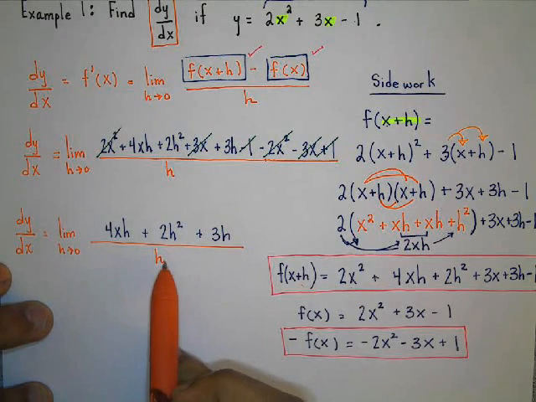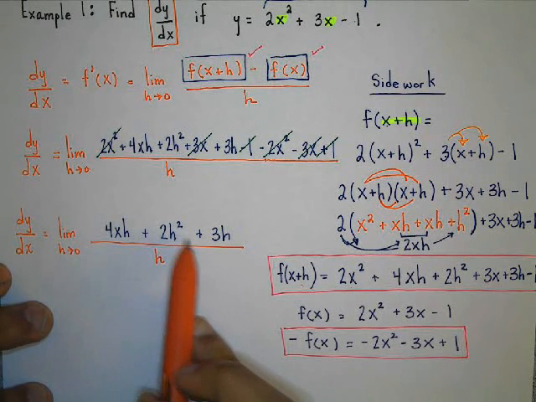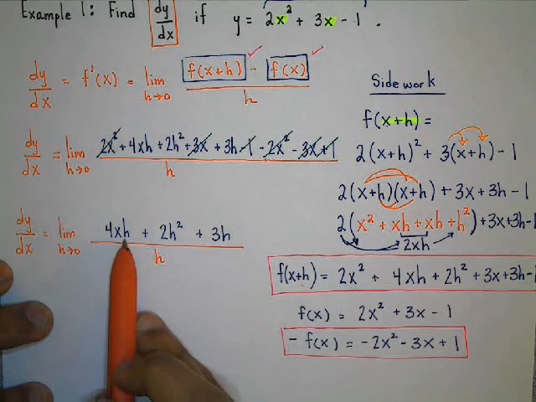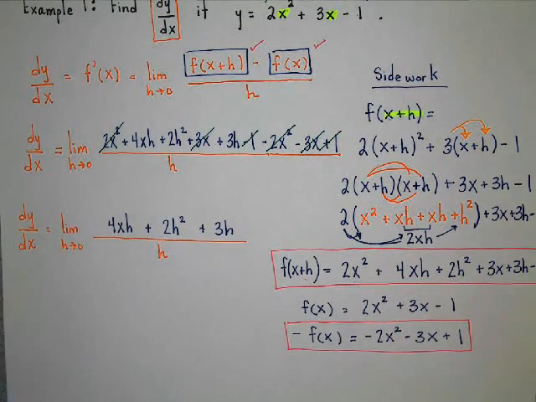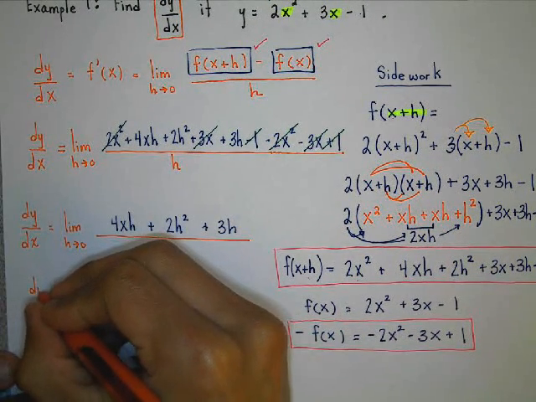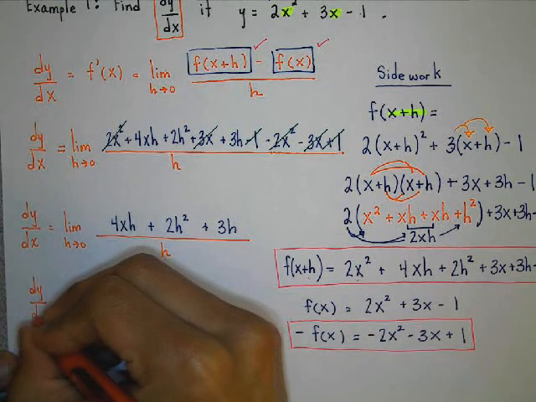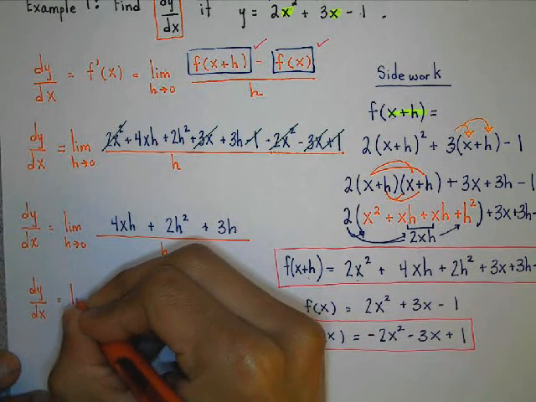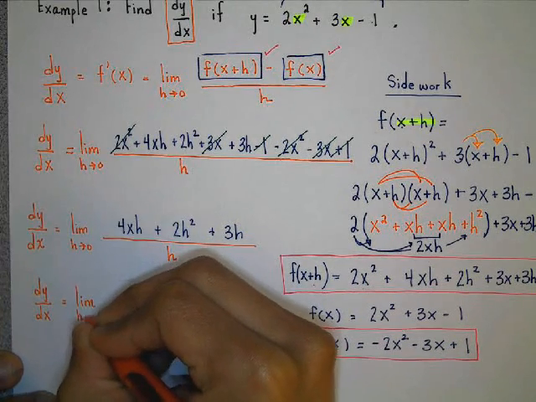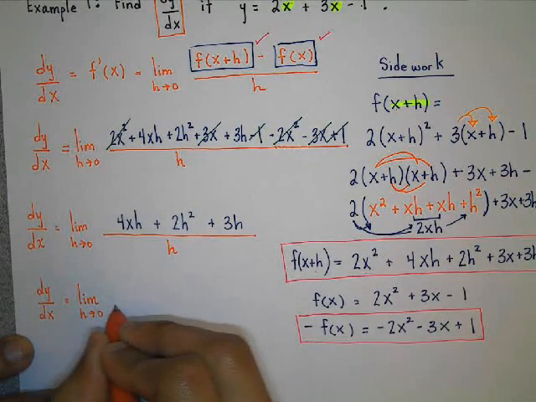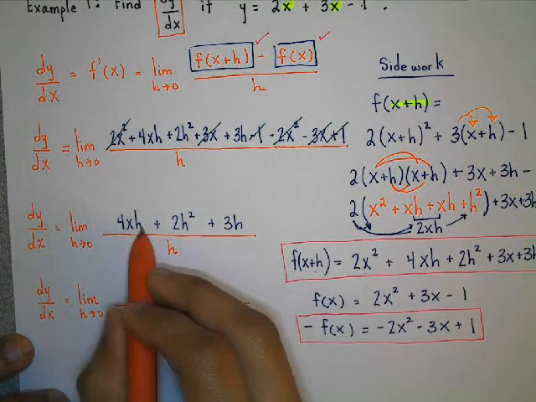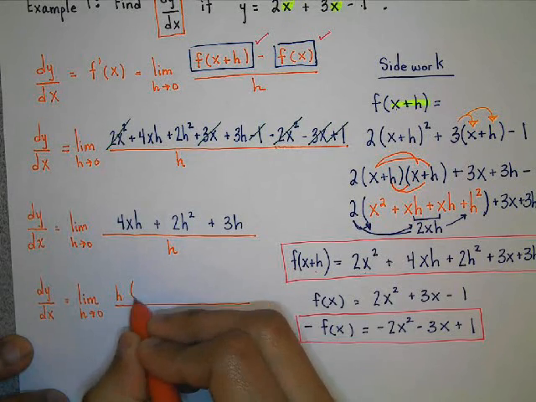So now what I want to do is cancel out this h that's in the denominator. I need to divide that out. So I'm going to go ahead and factor out an h from the numerator because I noticed that they all have an h in common. And that'll look something like this. So again, just dropping this stuff down. All right, so they all have an h in common, so I'm going to take that h out.